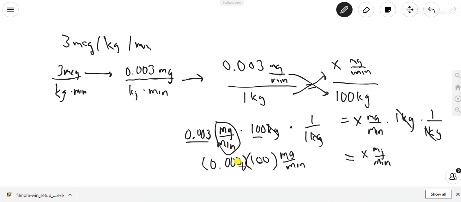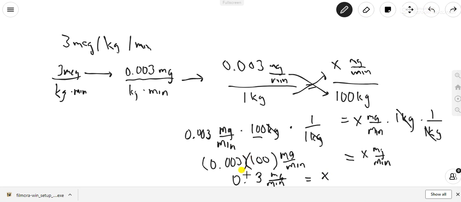So I just put the two numbers in parentheses to show that they're multiplied together. And you are left with the answer of 0.3 milligrams per minute. Okay, so 0.3 milligrams per minute equals X, and we know that X is in milligrams per minute.